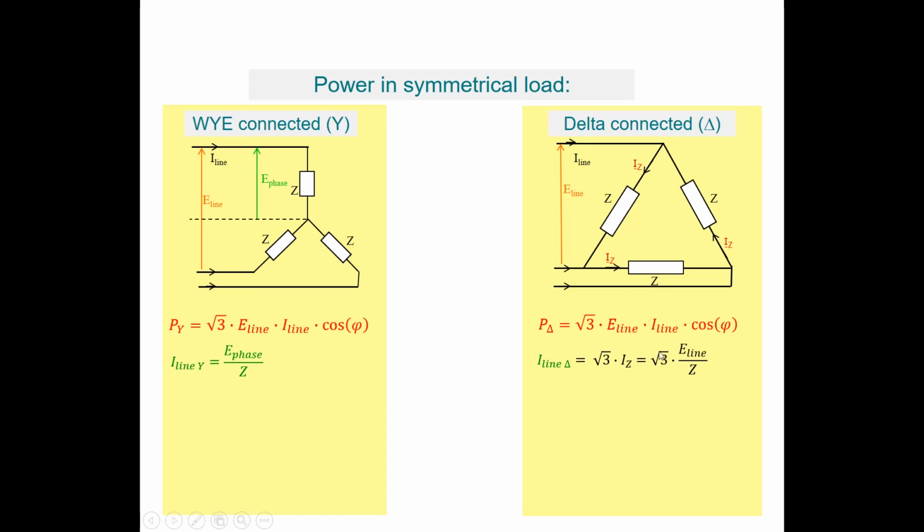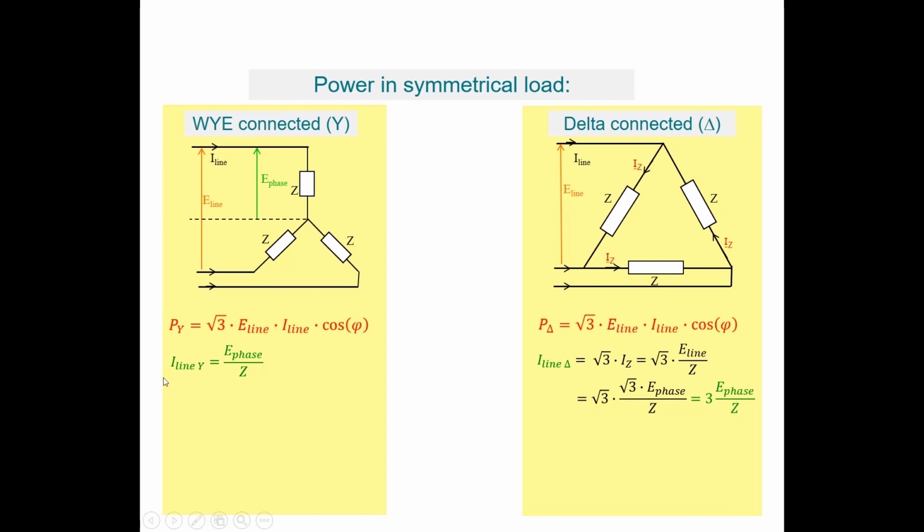So it's the square root of 3 times the voltage across that load over here, which is the line voltage E line, divided by the impedance of the load Z, which is equal to the square root of 3 times, well, E line is equal to the square root of 3 times the phase voltage E phase, so it's the square root of 3 times the square root of 3 times E phase, divided by Z. Well, the square root of 3 times the square root of 3 equals 3, so we get I line in a delta connected load is 3 times the phase voltage over the impedance Z.